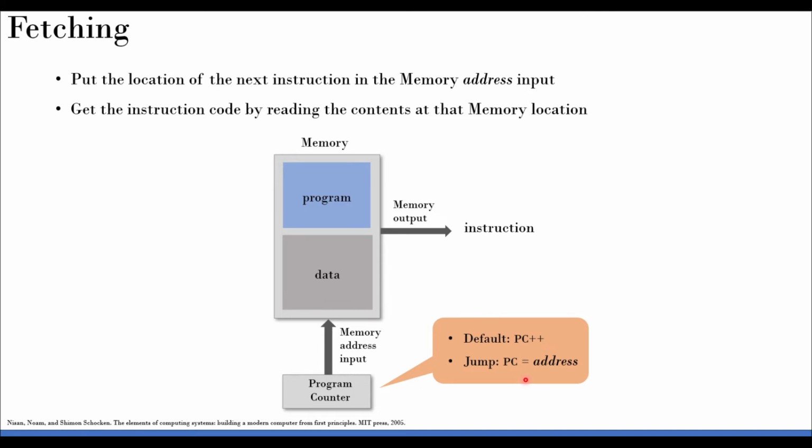Or your program may have something like a jump, right? Branch operation, some for loops, some if loops, etc. So in those cases, you may have to change the address to some other location. It's not the typical next memory location. You may have to have a new address where your branch operation is going to happen.